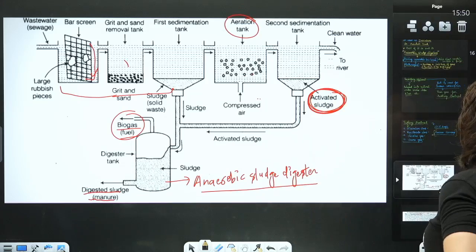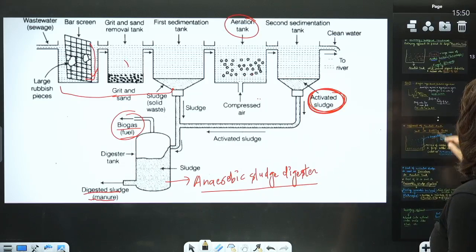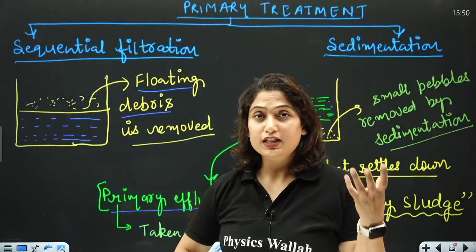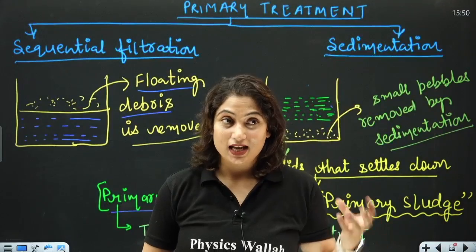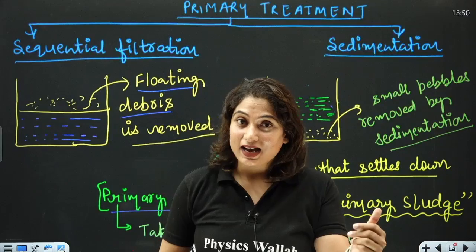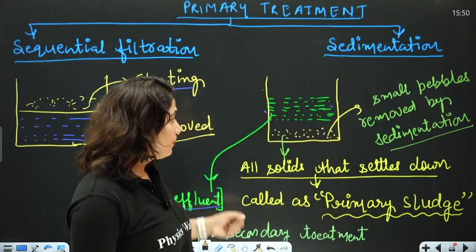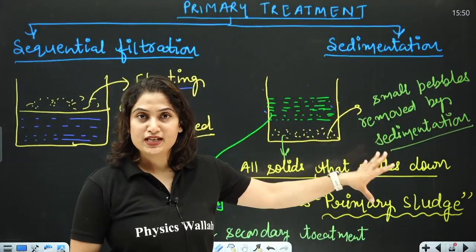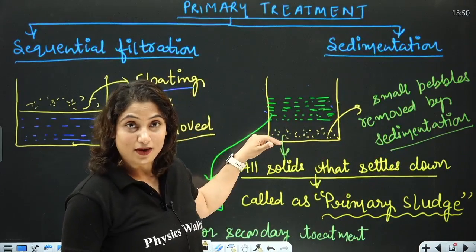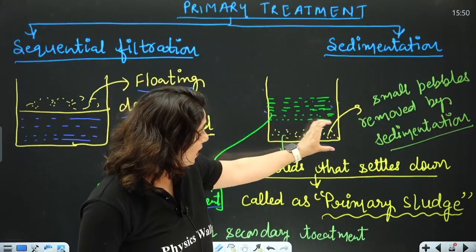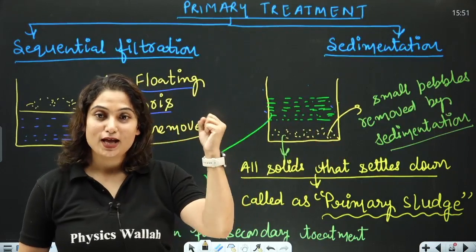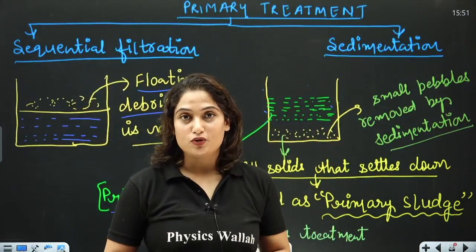Okay, now what is sedimentation? The physical impurities which are heavy, like pieces of stones, soil, sand, settle down. So these heavy physical impurities are removed by sedimentation. So what is done during primary treatment?